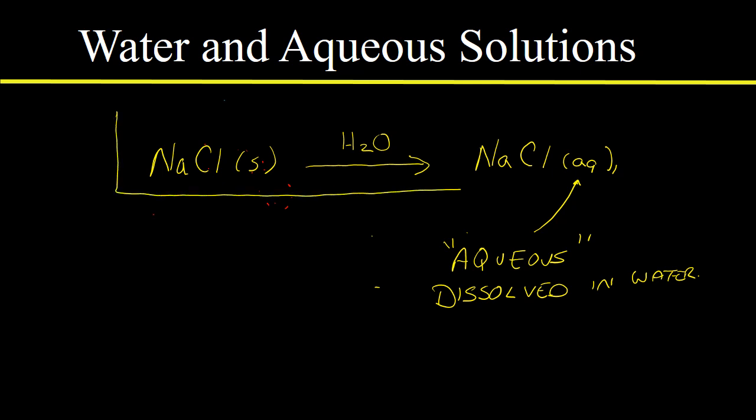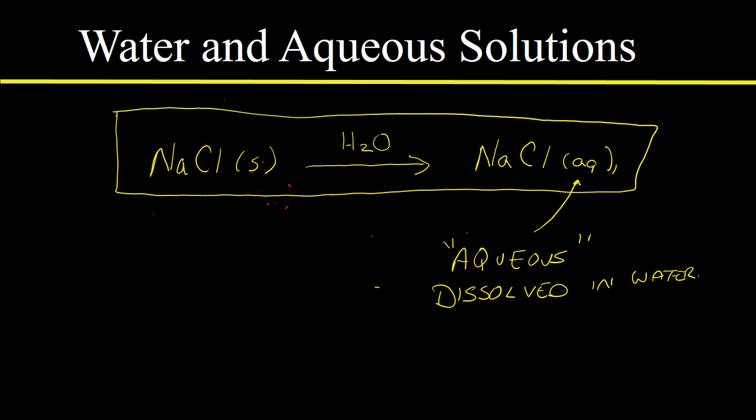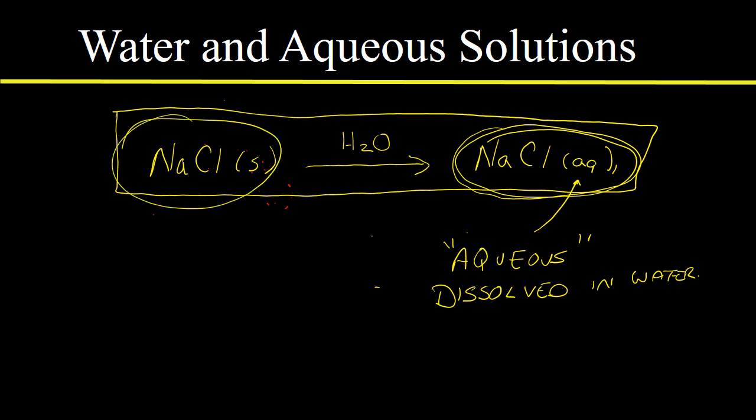And so when you see aqueous, that means that that substance is in water and it's interacting with those water molecules also. We'll look at sodium chloride in more depth in just a second. This sodium chloride over here is going to be a little bit different than the sodium chloride over here, because here it is dissolved in water and interacting with those water molecules.